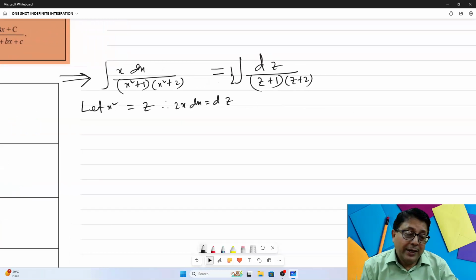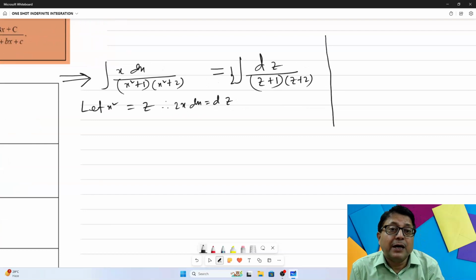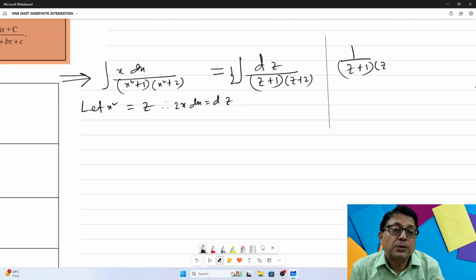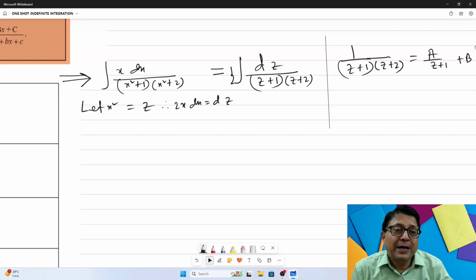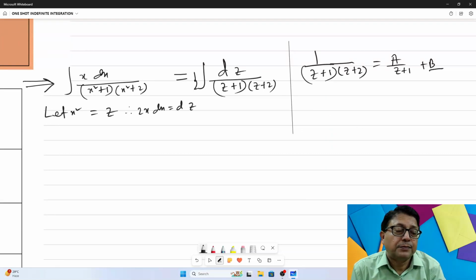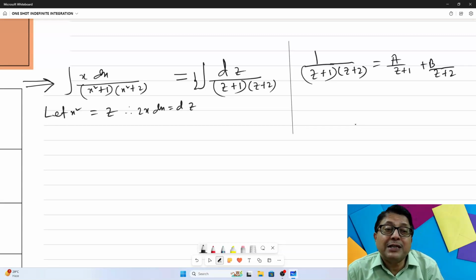but I'll tell you not to carry the method with the integrand. What I want to say, you must have done before: 1 by (z plus 1)(z plus 2), you write as A by z plus 1, B by z plus 2, by putting values or by comparison. Putting values means considering this as an identity, you multiply both sides by (z plus 1)(z plus 2), it will be A into (z plus 2) plus B into (z plus 1).